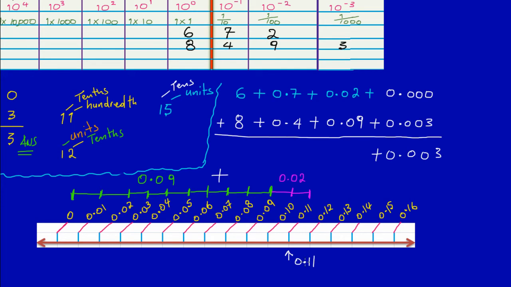Now if you notice the 0.11, I would have a 1 next to the decimal point, so that would simply suggest that 0.11 is really the same as 0.1 plus 0.01. Okay, this here 0.1 plus 0.01 is the same as 0.11.